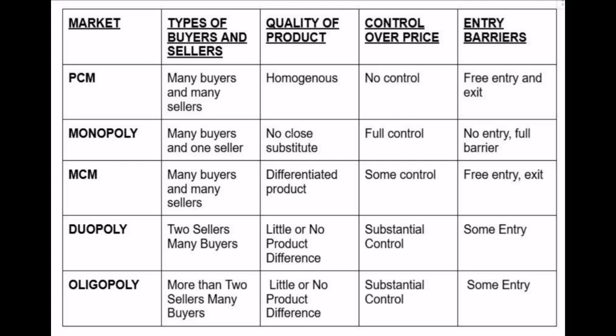Basically, control over price. There will be no control over price in this market, because the competition is high, and the seller cannot really control the price because there is high demand and high supply.